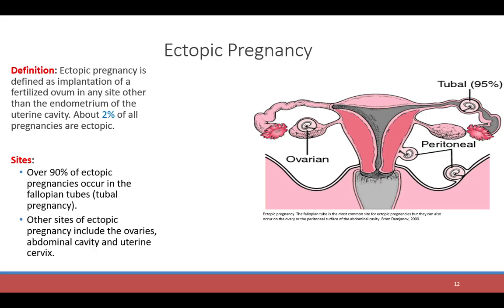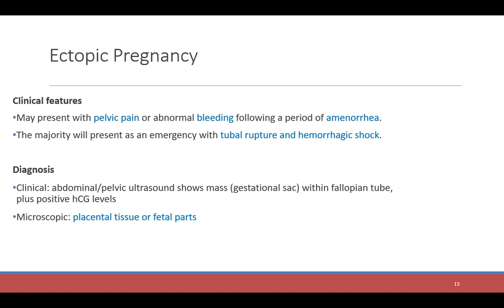Most of the cases of ectopic pregnancy are seen in the fallopian tube. It can be seen in the ovary, can be seen in the peritoneum, cervix. These are the most common sites for ectopic pregnancy: tube, ovary, and peritoneum.